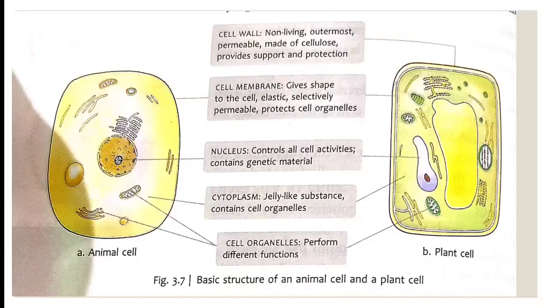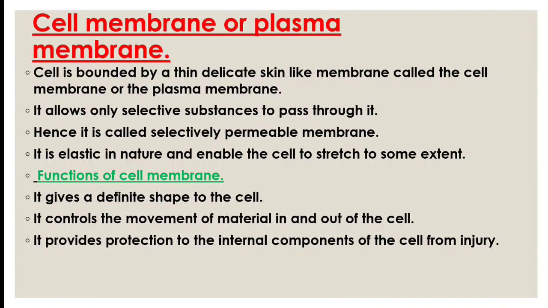So this cell membrane, the second labeling again, allows selective substances to pass through it. This layer will only allow few substances to go inside the cell. It will not allow all the substances or material to pass through it. Hence, it is called selectively permeable membrane.